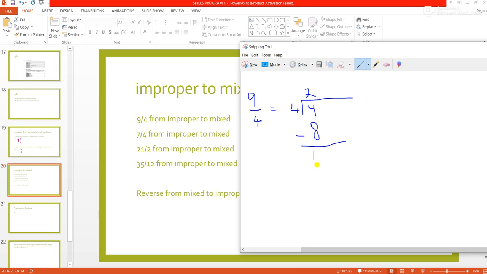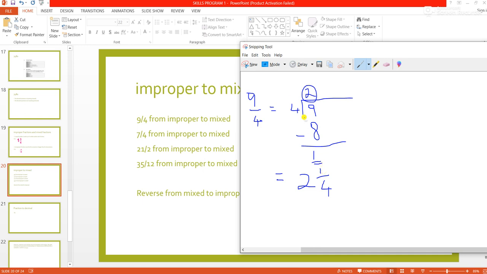So in this instance, to represent that, we'll take the 2, which will be our whole number. So it will be 2, and 1 over the denominator, which stays the same. So we managed to write that as a mixed fraction.